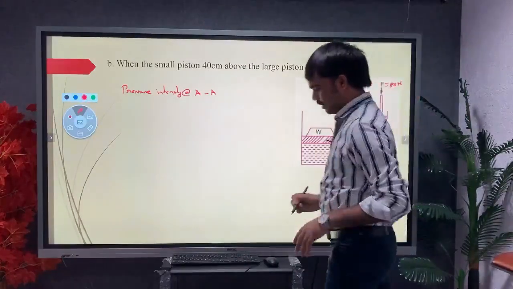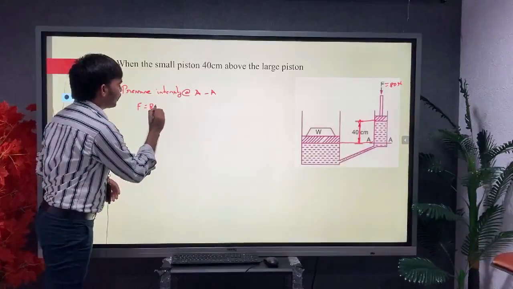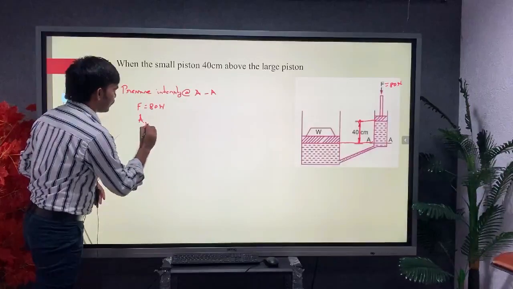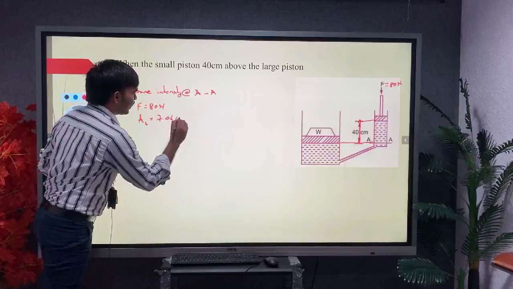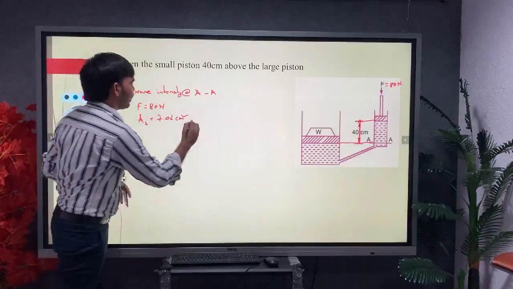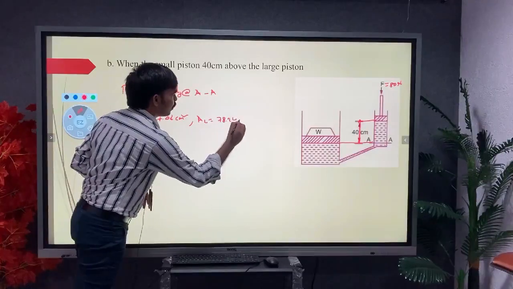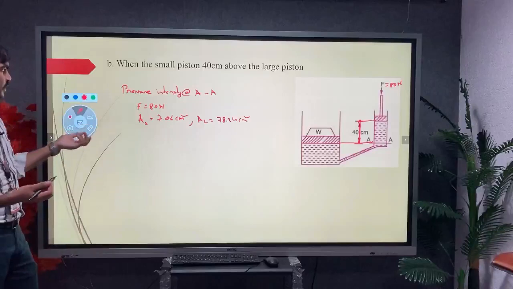The force applied is 80 newtons. The area of the small piston is 7.06 centimeters square, and the area of the large piston is 78.24 centimeters square. We already calculated all this.